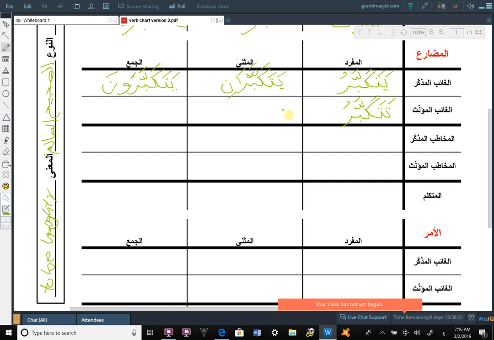Tatakabbaru. Tatakabbarani. Add the alif al-ithnain and the noon of being marfu. You want to make it plural? Yatakabbarna. We add the noon of niswa.